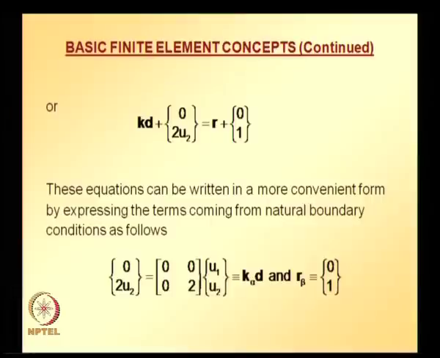The term 0 to u2 can be written in a matrix and vector form like [0 0; 0 2] times a vector consisting of u1 and u2, and the matrix consisting of elements [0 0; 0 2] is defined as k alpha. So, these equations can be written in a more convenient form by expressing them in this manner.